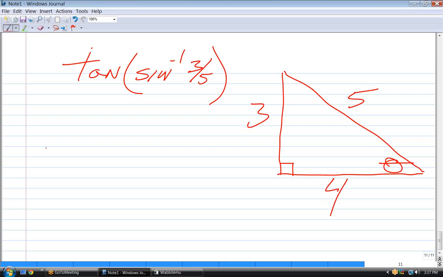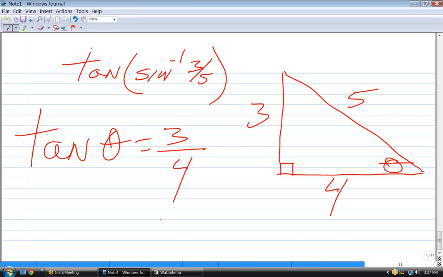So now, what is the tangent of theta? And I don't even have to know what theta is. 3/4? Yes. And we also know that the primary quadrant that's going to give us is the first. So we are taking the tangent of a first quadrant angle, and we should get a positive number, and we do.